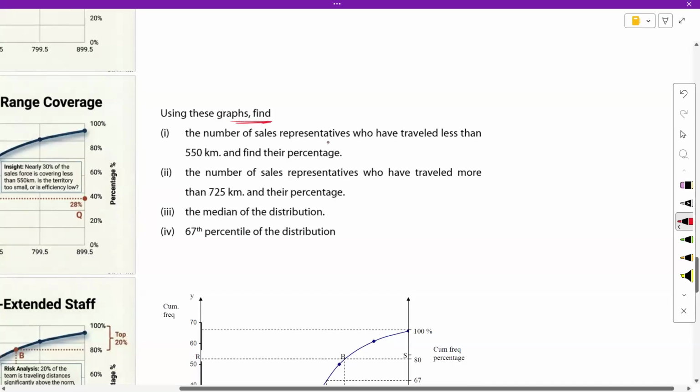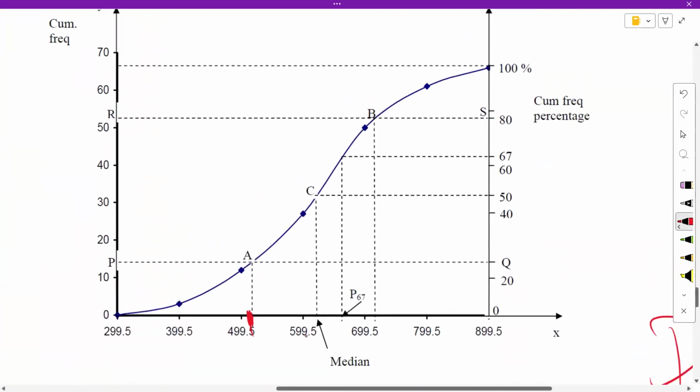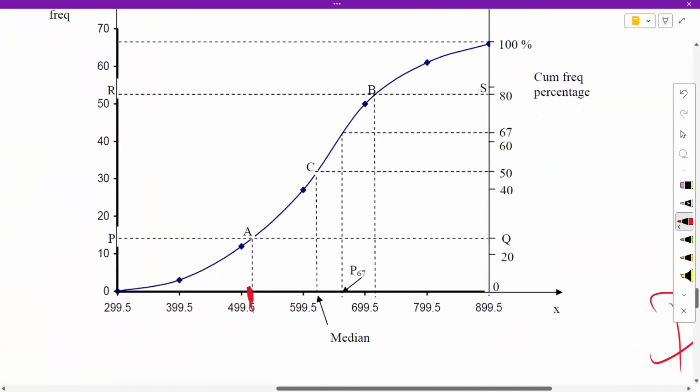Now, using the graph, find the number of sales representatives who have traveled less than 550 kilometers. We have to identify how many sales representatives traveled less than 550 on the x-axis. In the x-axis, we find 550. Where is 550? Almost here. So this is point 550.